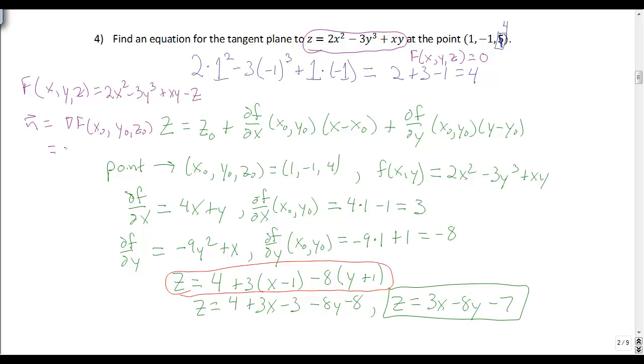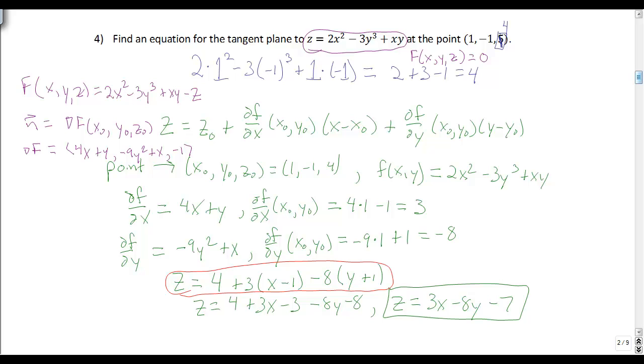And so the gradient of F is the vector of the partial derivatives. With respect to x, you get 4x, nothing from that, plus y, nothing from the z. From the y, you get negative 9y squared plus x, nothing from the z. From the z, you just get negative 1.